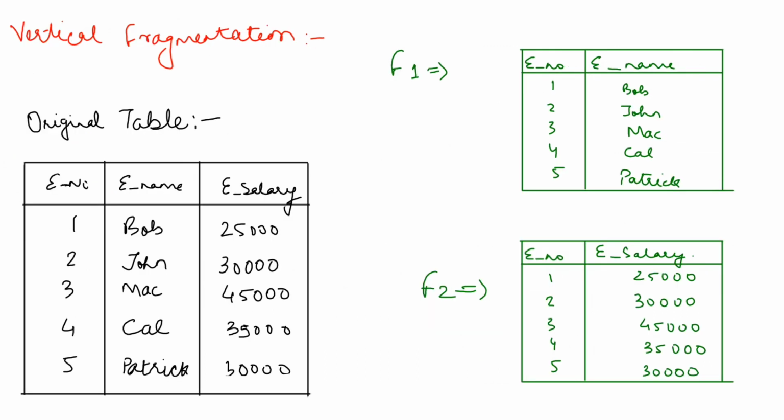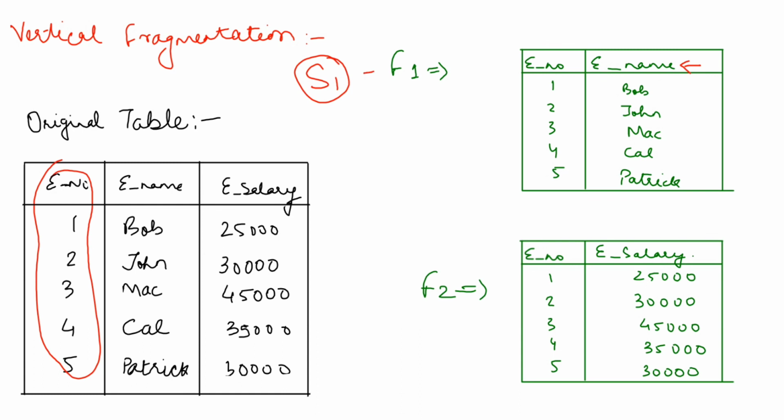Now let's see what vertical fragmentation is. In vertical fragmentation, the data is broken in the form of columns. For example, S1 requires employee names only, very frequently. It does not need any other information.